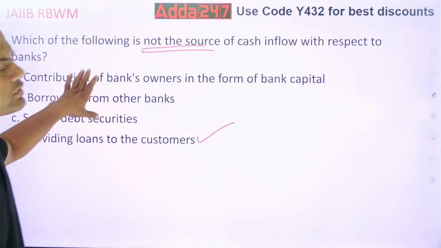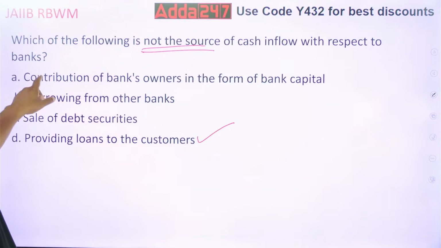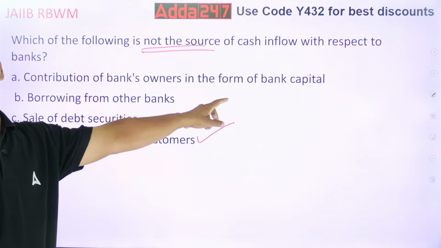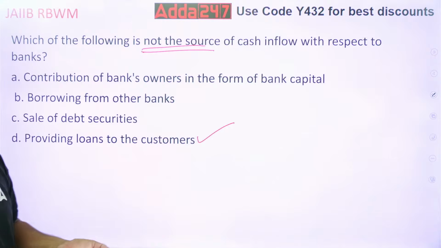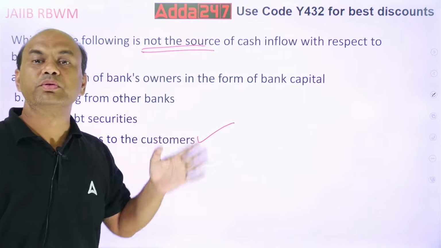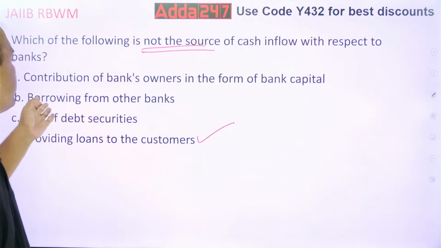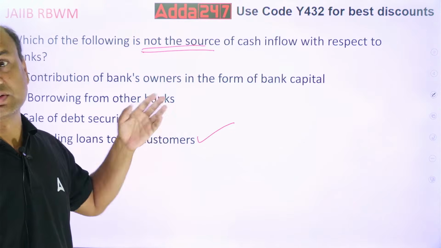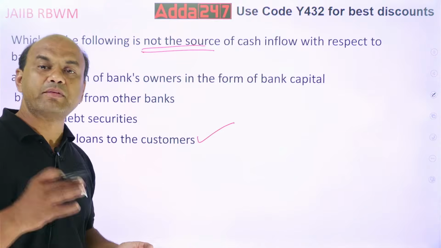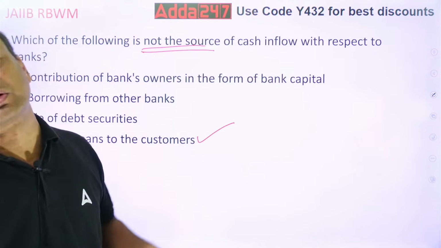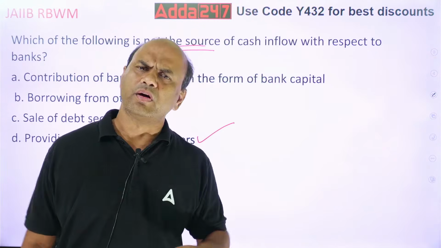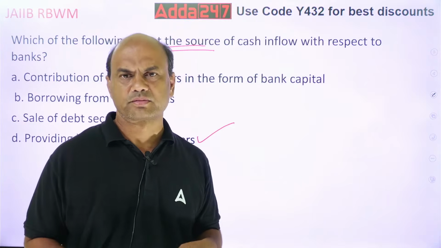Remaining all are sources. Banks' owners provide bank capital. When they give the capital to the bank, this capital will be used as cash by the bank. Borrowing from other banks: SBI will borrow from PNB, PNB will borrow from Bank of Baroda. All these banks borrow from each other.